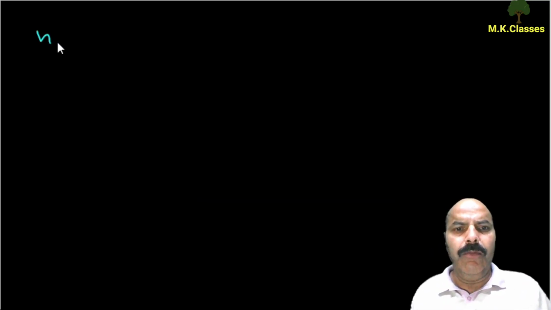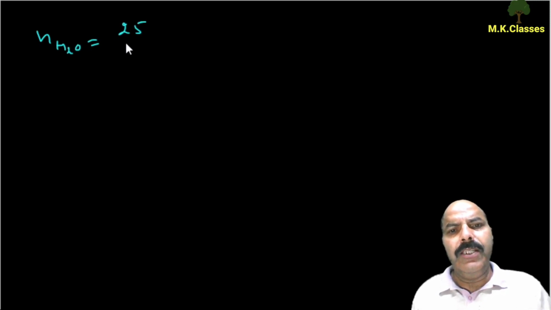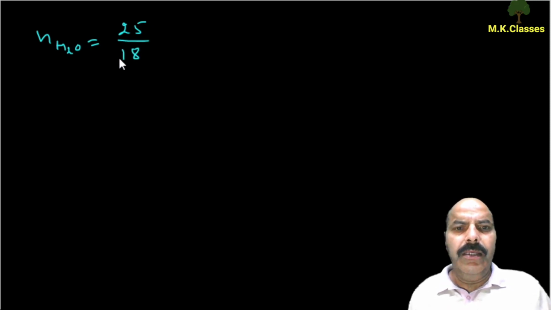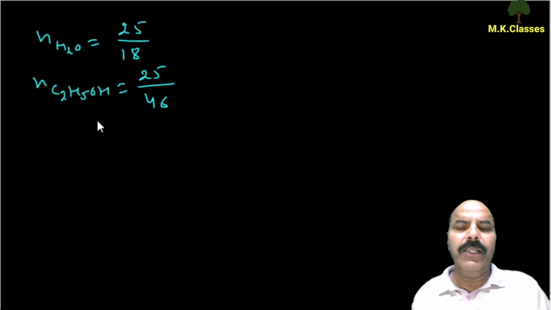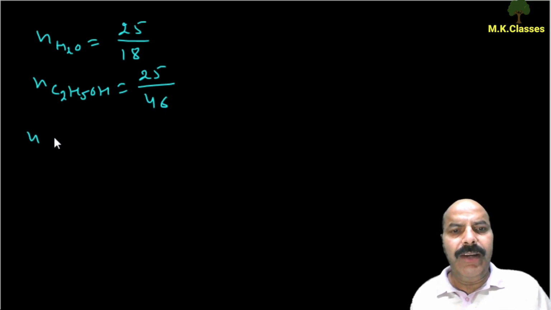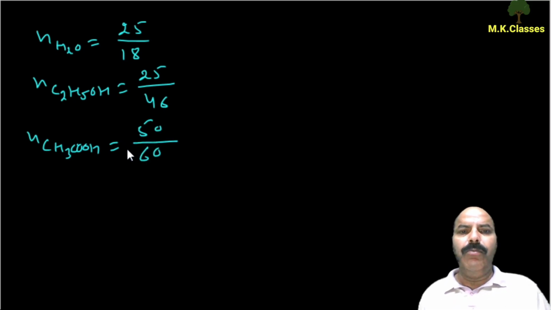So we can find out the number of moles of water, that is equal to your 25, that is a mass of water upon its molecular mass. Number of moles of ethanol we can find out beta, that is your 25 gram of ethanol is given to us divided by its molecular mass beta, that is 46. Then similarly we can find out the number of moles of acetic acid beta, that is 50 is the mass of this that is given to us upon 60 beta, that is its molecular mass.